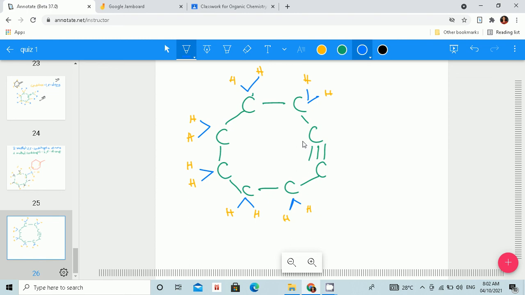The priority here is our triple bond. So let's count here. 1, 2, 3, 4, 5, 6, 7, 8. Okay, so we have that one. Our triple bond.